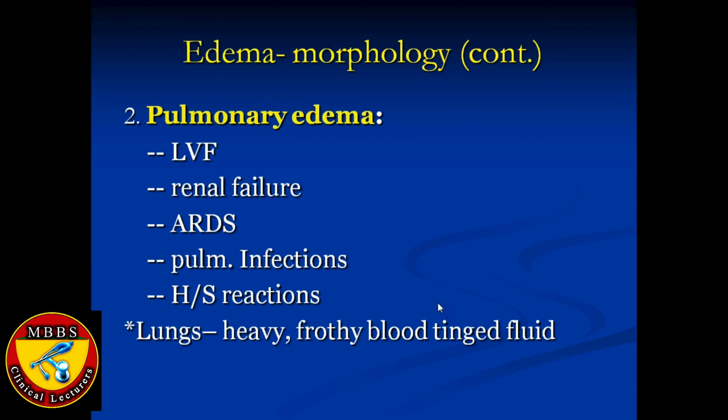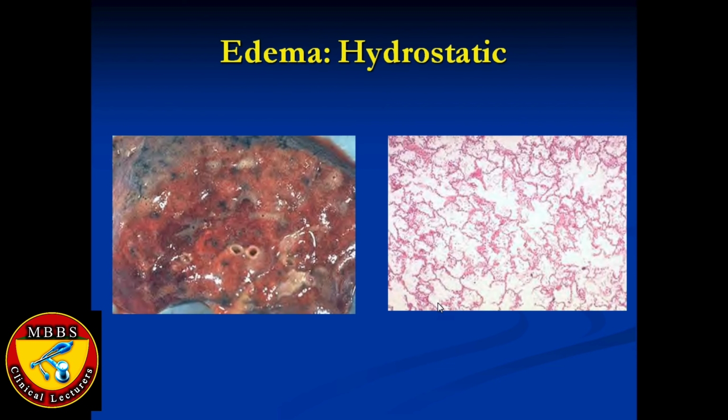Edema, when it's present in the lung, is known as pulmonary edema, and may be encountered, as I told you, in cases of left ventricular failure, renal failure, acute respiratory distress syndrome, pulmonary infections, etc. Grossly, the lungs appear wet, heavy, boggy, and microscopically you can see the alveolar spaces and the alveolar septi, and there is a lot of fluid accumulation appearing as clear unstained areas.